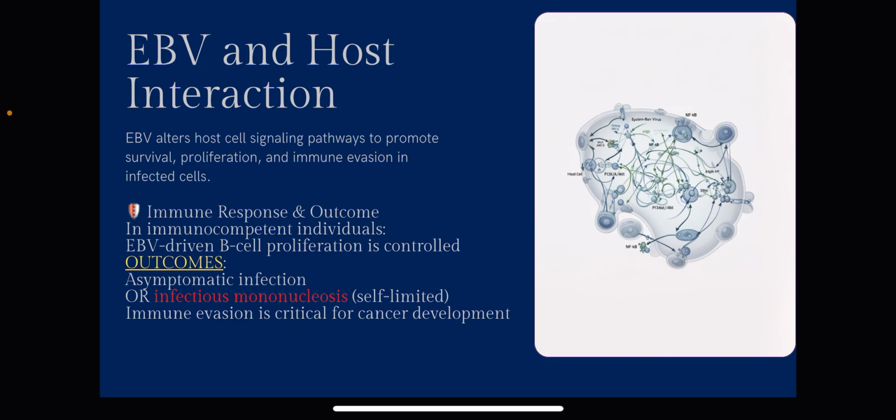In immunocompetent individuals, the Epstein-Barr viral driven B cell proliferation is always controlled. The outcomes are asymptomatic infection or infectious mononucleosis, which is self-limited. Infectious mononucleosis will be dealt with in the later slides. Immune evasion is critical for cancer development.